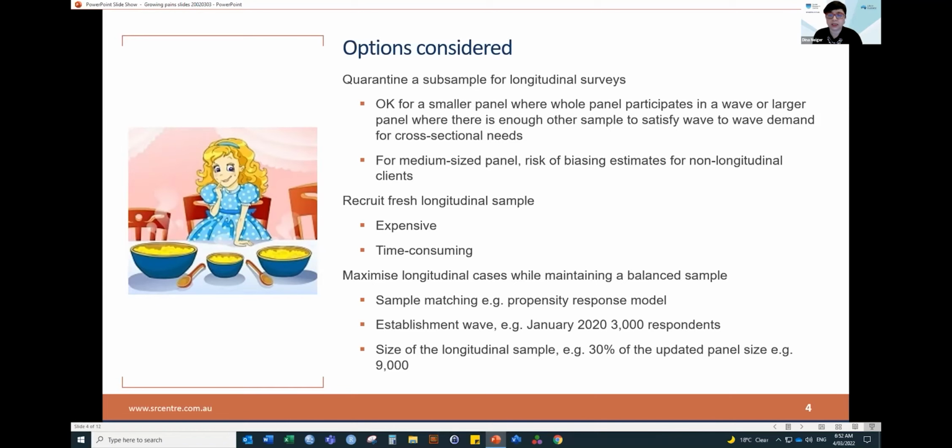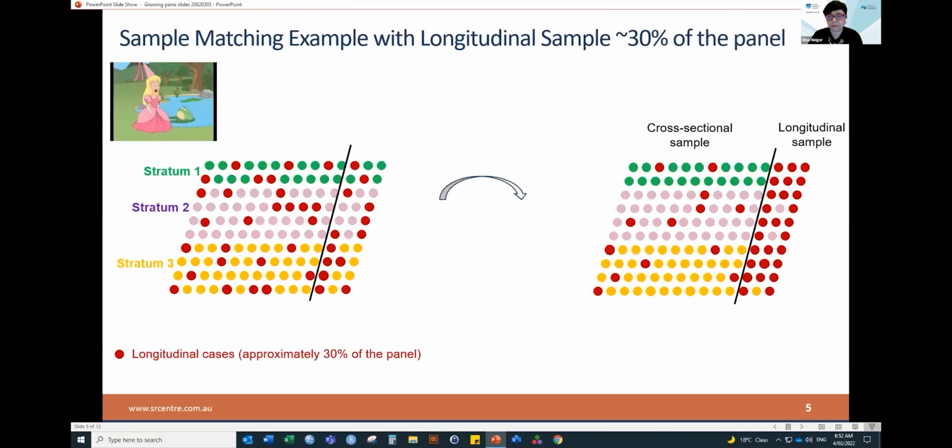In this particular example, we took January 2020 as our establishment wave, and then used sample matching to see whether we can exchange the longitudinal respondents with the cross-sectional respondents, to split the panel into longitudinal and cross-sectional components without creating those biases by just selecting a longitudinal sample.